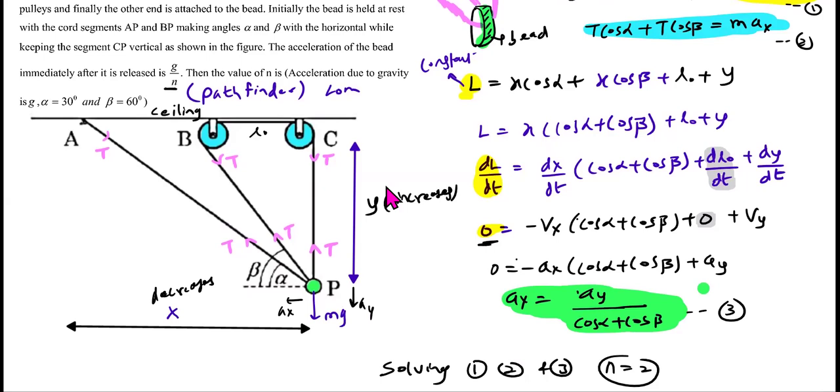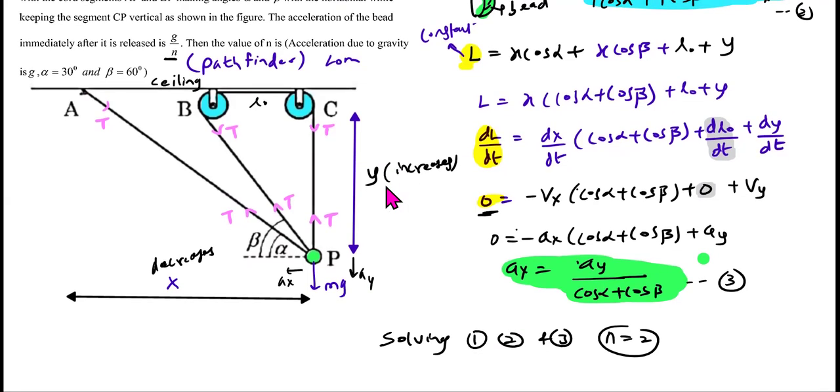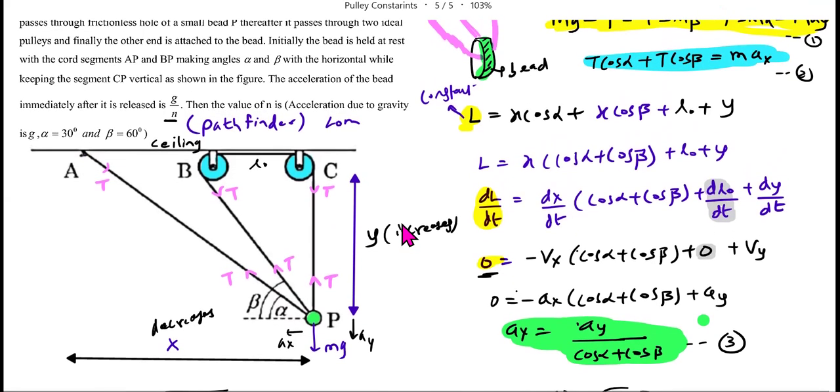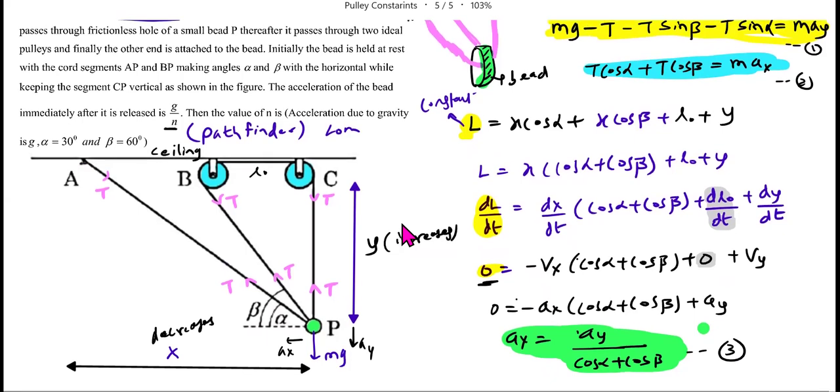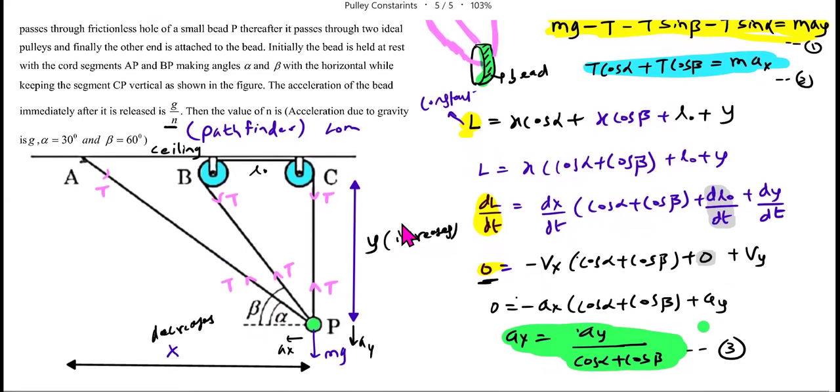The acceleration of the bead immediately after release. So what is the acceleration of the bead? Again, you have to take the vectors. There are a few calculations; try to work them out. Solve equations 1, 2, 3, and we'll get Ax and Ay.